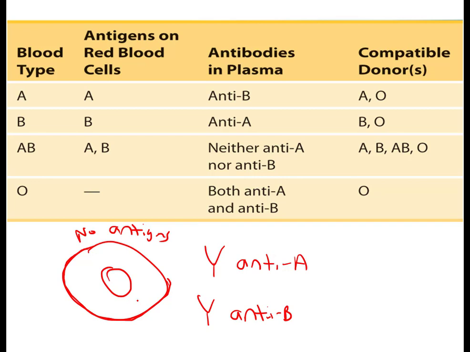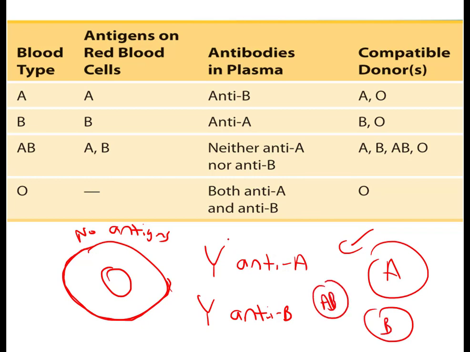So if you have type O blood and you were given a donation of either A, B, or AB, then these antibodies will attack all of these foreign blood cells and destroy them. So type O blood can only receive blood from another type O.